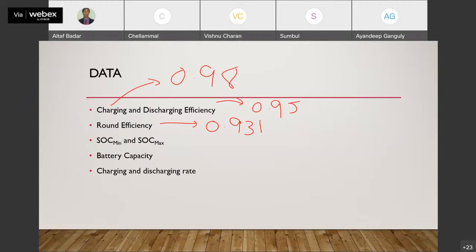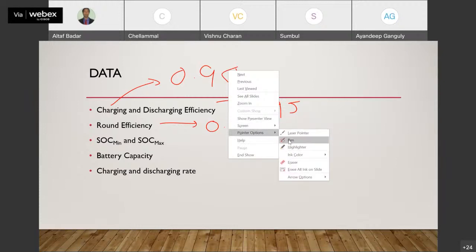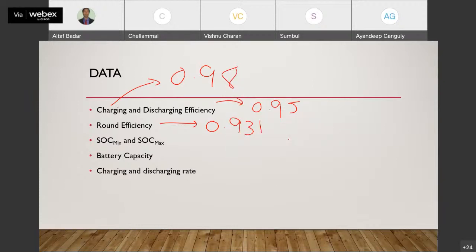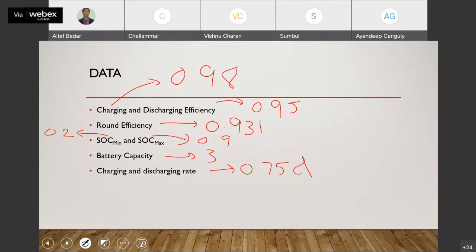And then charging and discharging rate. I'll write it down here. SOC min is 0.2, SOC max is 0.9, battery capacity 3, and charging and discharging rate we are taking as 0.75 and 2.25.